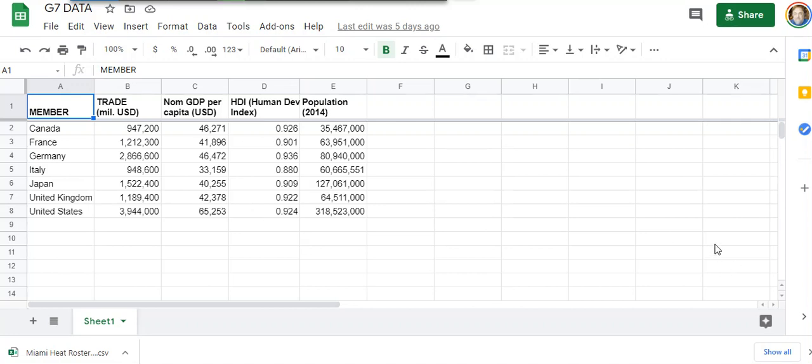So, trying to figure out what is a good statistical question to ask here. We play with U.S. dollars and with population figures, but the HDI, that's intriguing. That's a decimal.